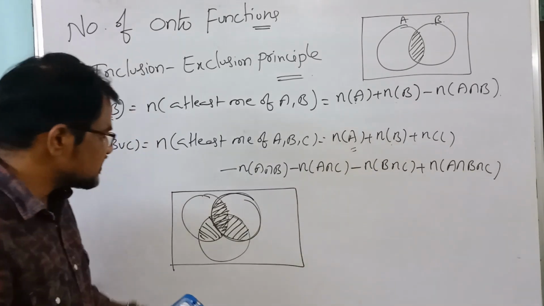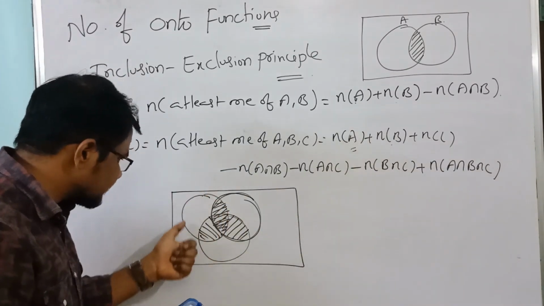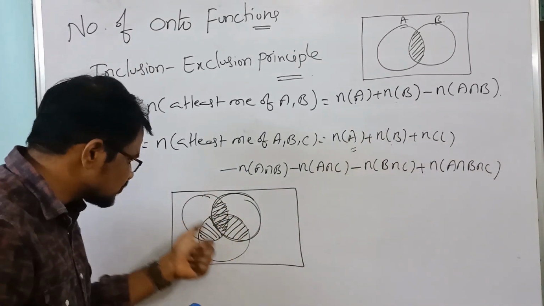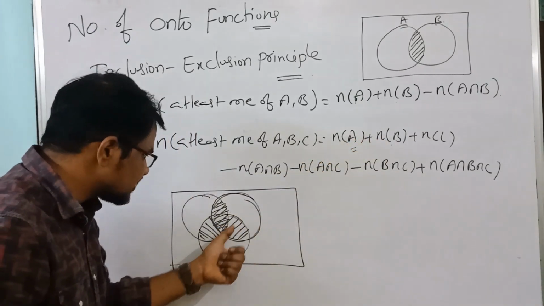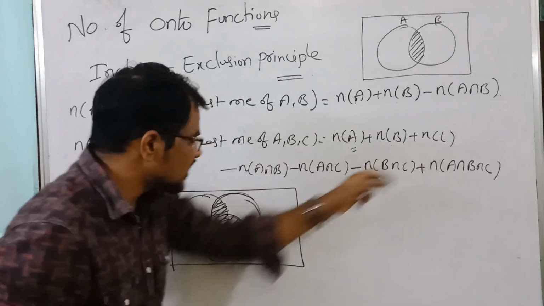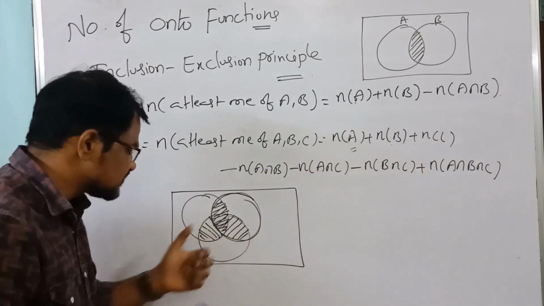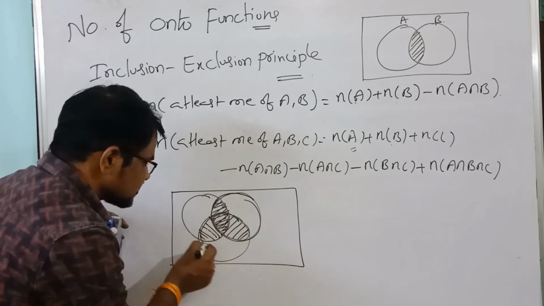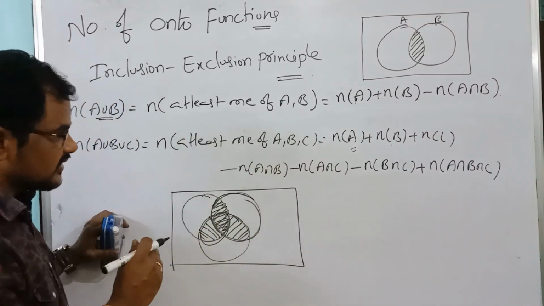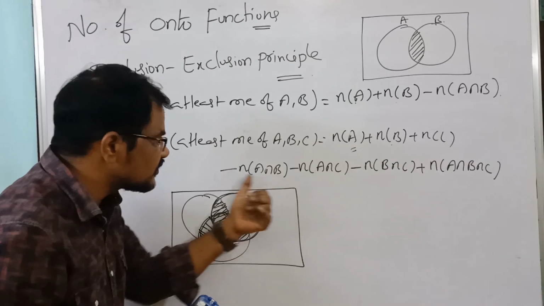N of B means again here also n of A means these two intersection once getting, and n of B means these two intersection two times getting, and n of C means this intersection and this intersection two times we are considering. So that's why once we have to subtract.